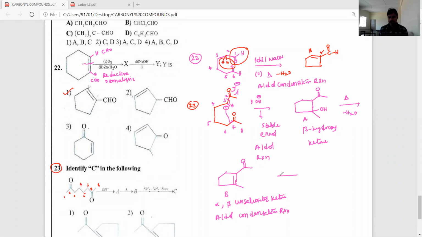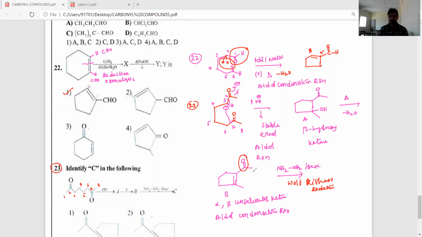The next step, dear students, we treat with hydrazine NH2-NH2 in the presence of base, which is nothing but Wolff-Kishner reduction. We are doing Wolff-Kishner reduction, then it reduces only the C double bond O group.